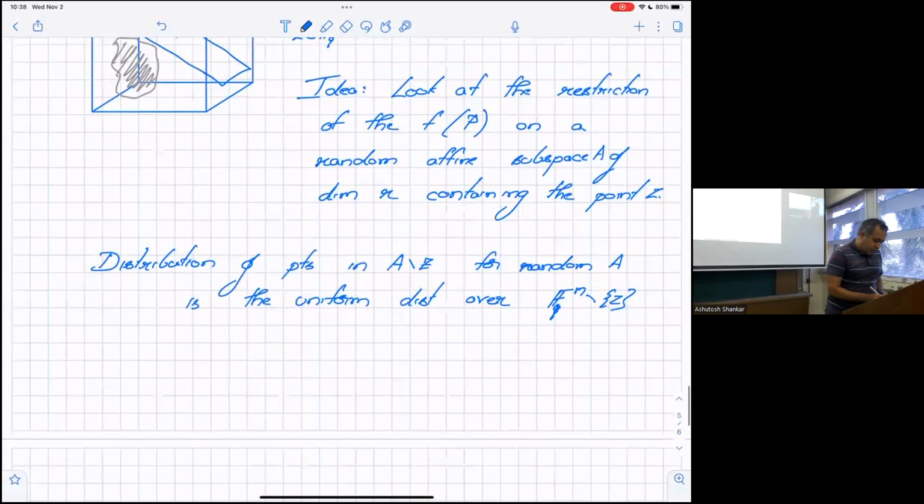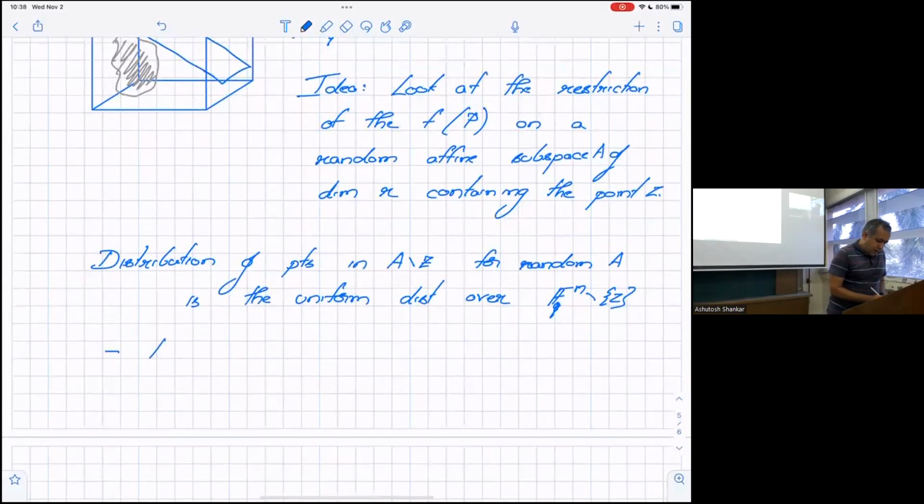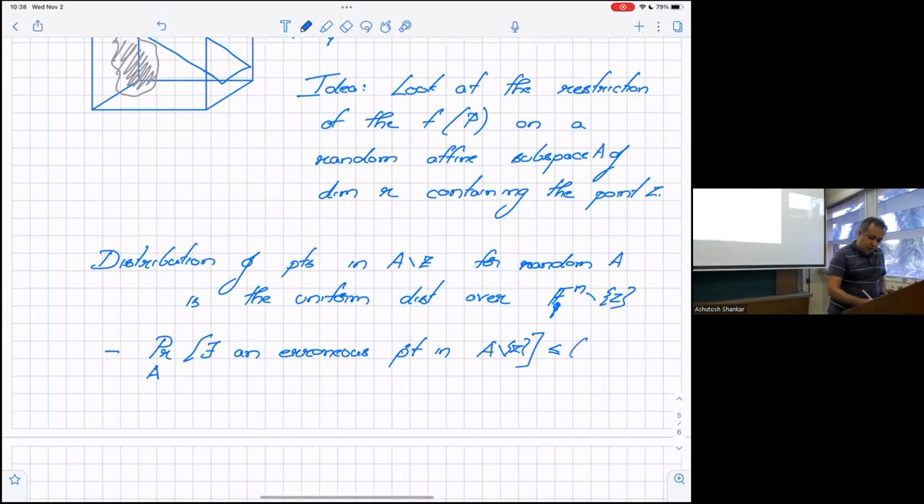Therefore, the probability that there exists an erroneous point in A minus Z, for a random choice of A, will be at most, by the union bound, the size of A, which is Q^S minus 1, times E by Q^M. E by Q^M is the total fraction of errors.